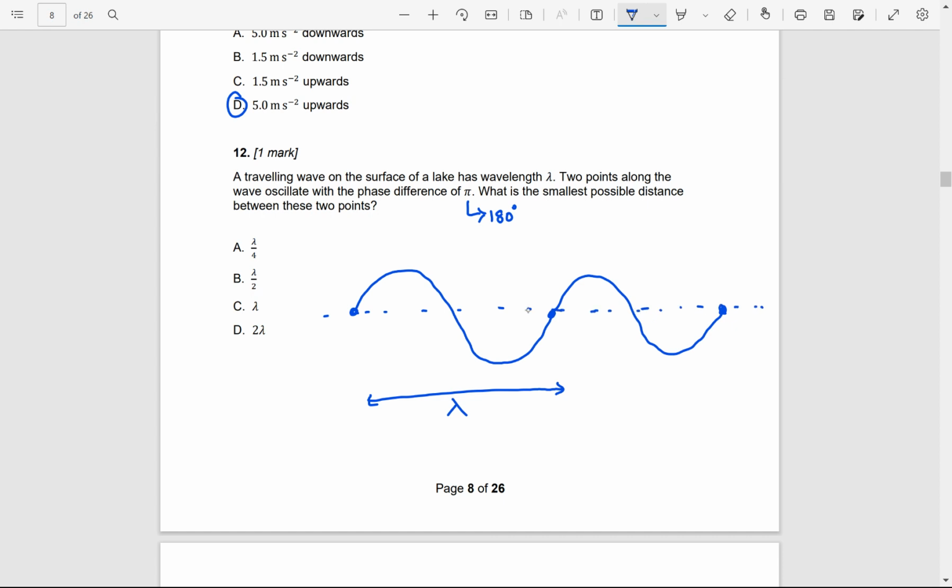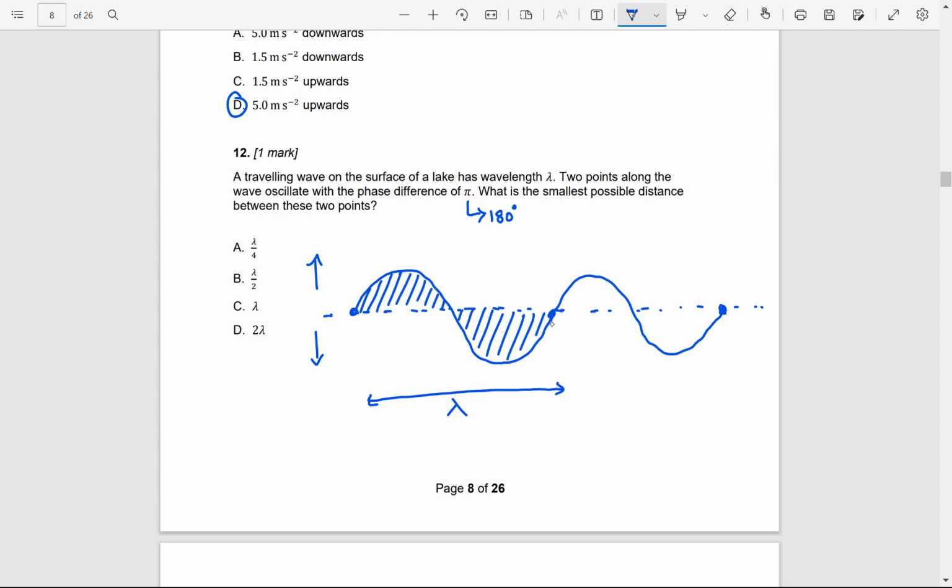Okay, so if we take this almost like an upwards and a downwards, all of this section is in the first half of the wave.